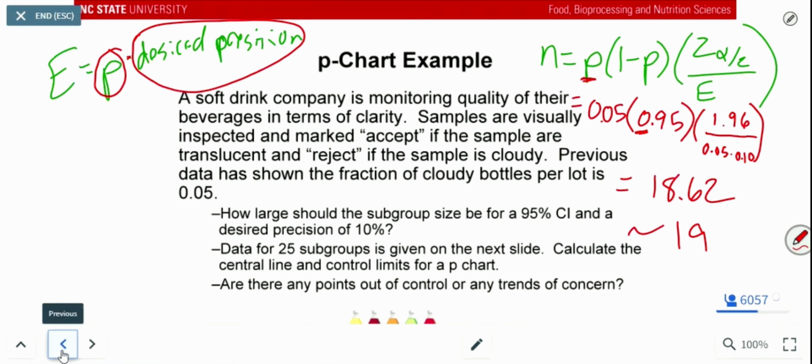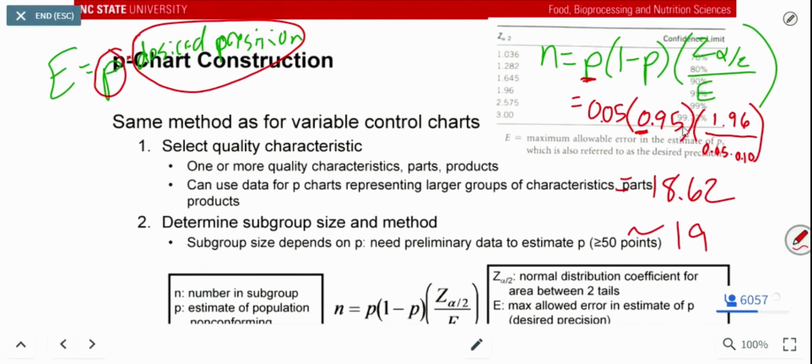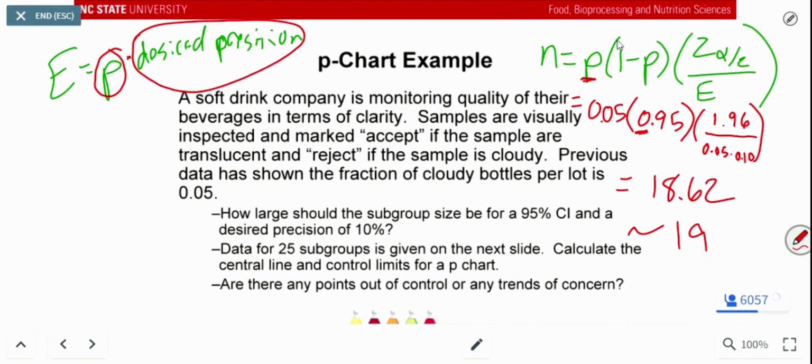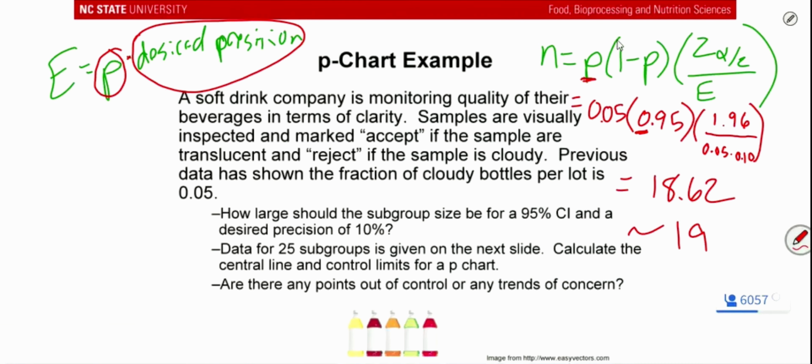And if we look at that table of values, you can see the z value gets larger as we go up in confidence. And it makes sense that you would need more samples if you want to be more confident, because this z value is in the numerator.